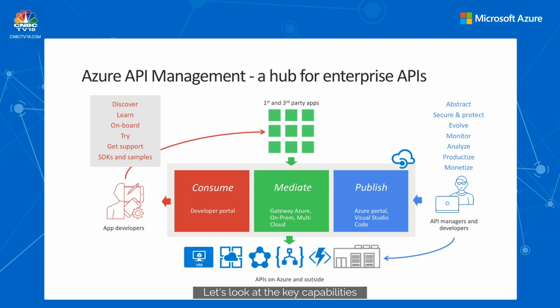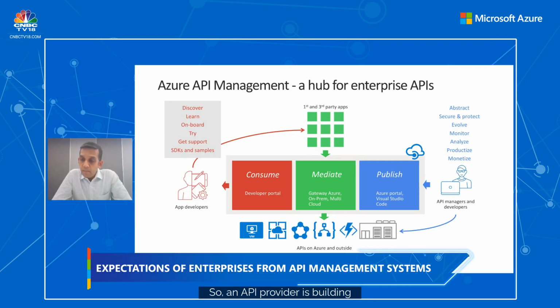Let's look at the key capabilities in Azure API Management. Now, what you see here are the 3 key solution areas within Azure API Management, right? So what are the expectations from an API provider perspective, right? So an API provider is building a wrapper on top of existing backend APIs. So the first and foremost thing in the mind of an API provider is, how do I secure the access to the API?